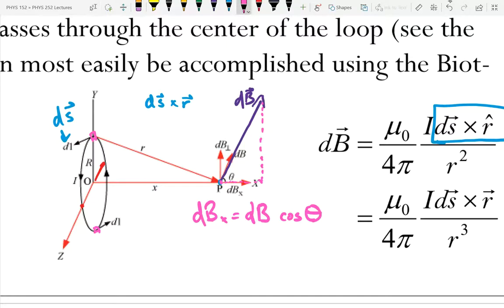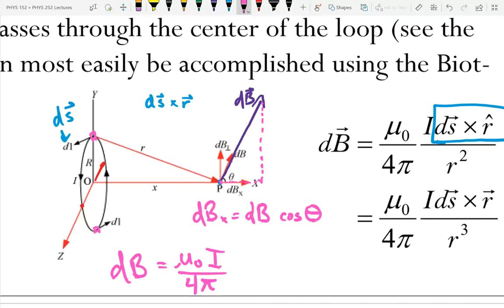Once I find the magnitude of dB, I can do my integral. So I have dB's magnitude is equal to mu naught I over 4 pi. And then I look and I say, what is the angle between ds and my r vector? It's 90 degrees, and it's going to stay 90 degrees because of the symmetry.